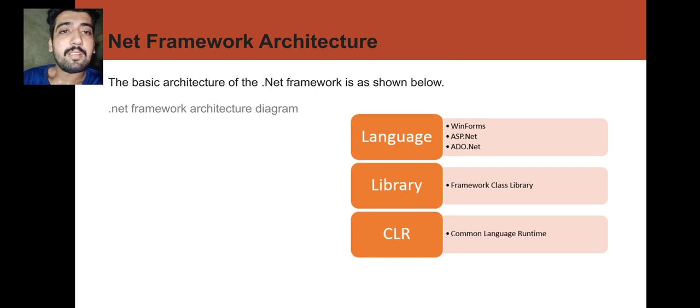The basic parts of the .NET framework are the class library, ADO.NET, and the Common Language Runtime.